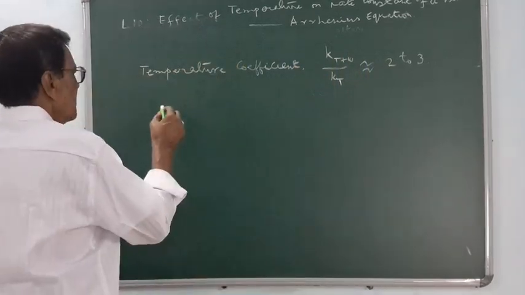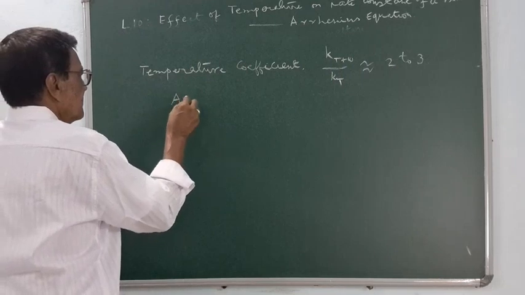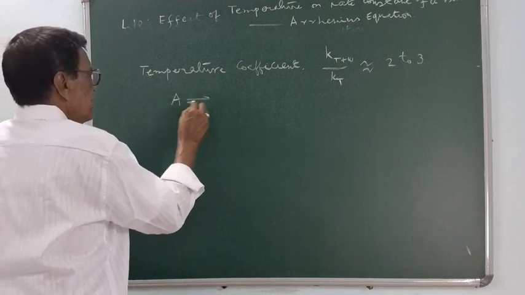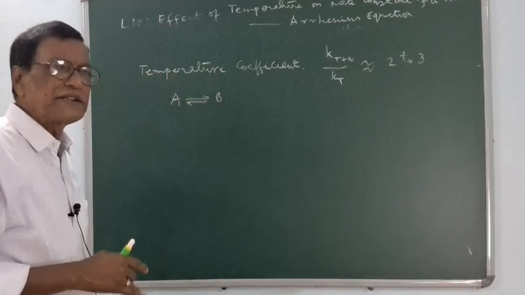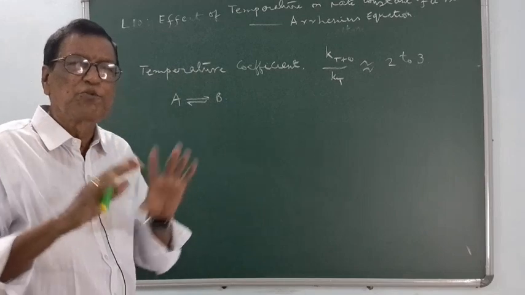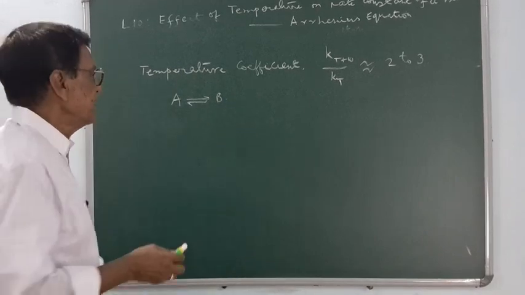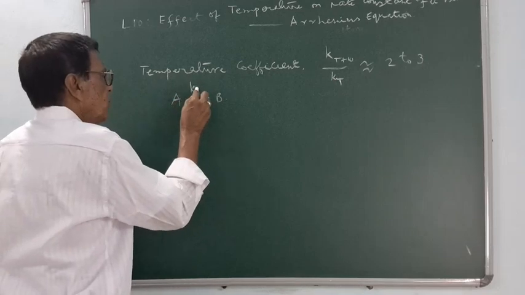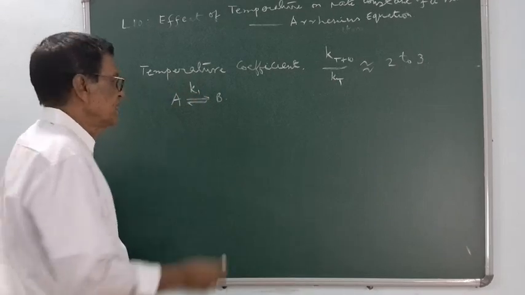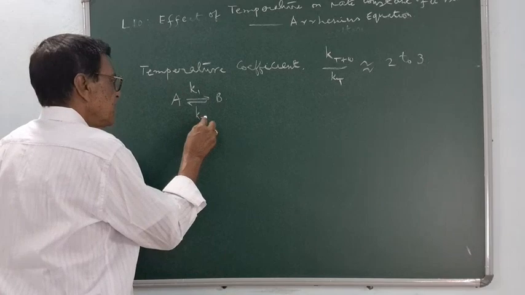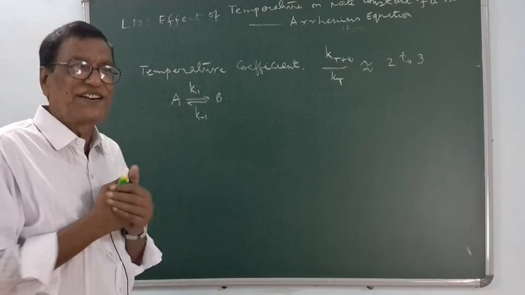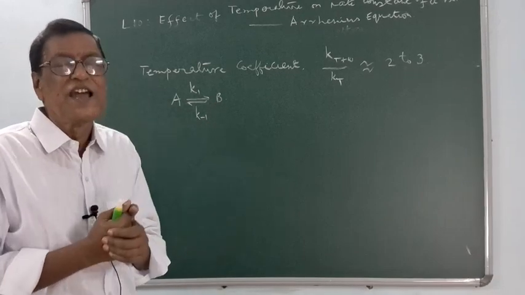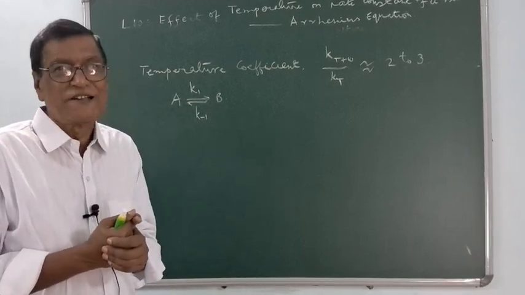Suppose we are considering the reversible reaction, simple reversible reactions, unimolecular both ways. Here it is K1 the rate constant, here it is the rate constant for the reverse or backward reaction. This is the reversible reaction.